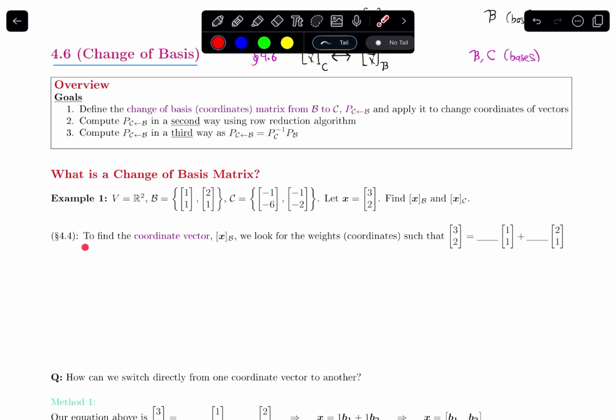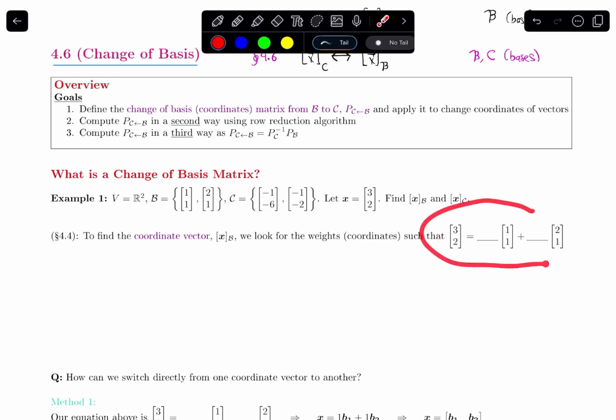This is a bit of section 4.4 review. Remember that if I'm trying to find the coordinate vector of X in terms of the basis B, what I'm doing is I'm going to try to find the weights that let me write 3, 2 as a linear combination of these basis vectors.